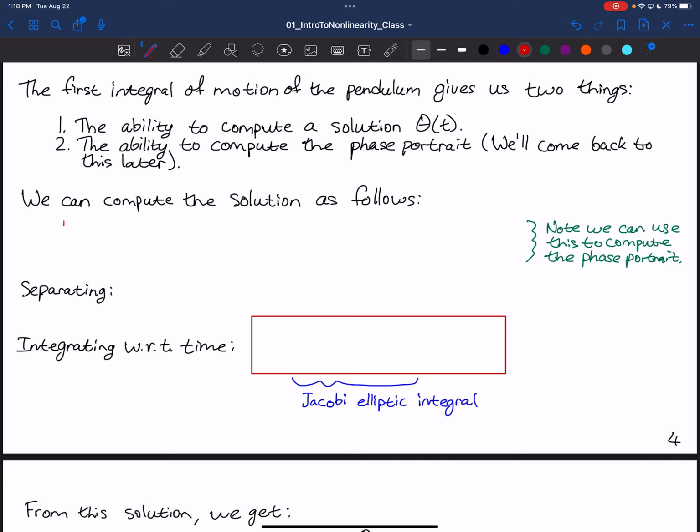So we have 1/2 theta dot squared, and this will then be equal to e plus omega 0 squared cosine theta, which we can then write and break this up. Oh, that should be theta dot squared. We can then write d theta dt is equal to plus or minus the square root of 2 times e plus omega 0 squared cosine theta.